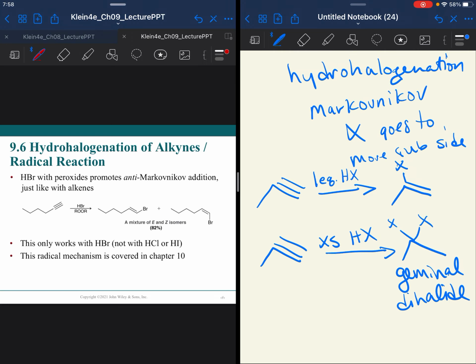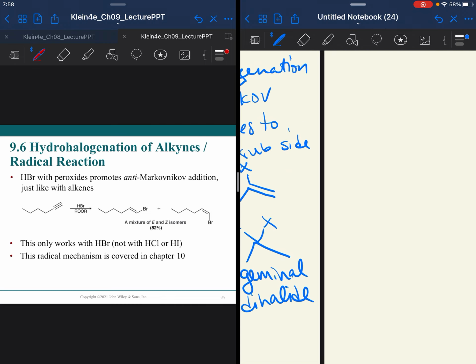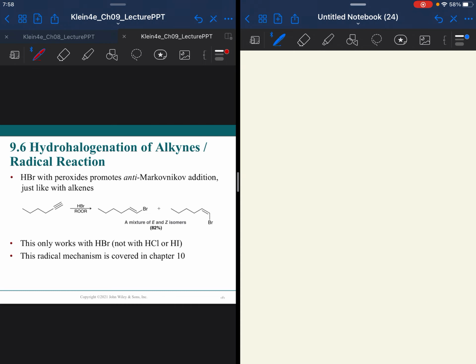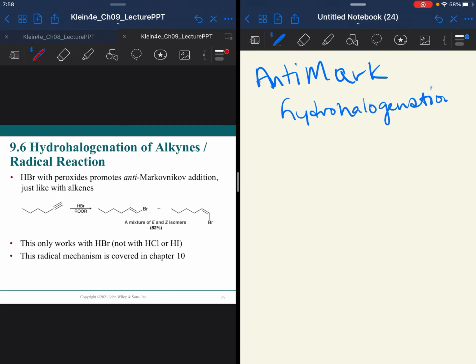Now, if we want to add anti-Markovnikov, we can. And we can do that in the same way, right? So anti-Markovnikov hydrohalogenation. We're still going to use HX and ROOR, right?